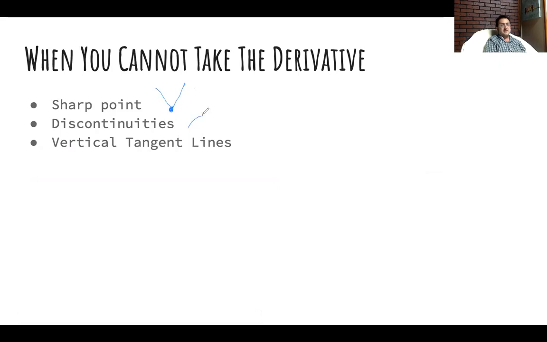Discontinuities, obviously, if we're skipping around in the graph, we really can't take slope or instant slope right there. And then, of course, your vertical tangent lines, you cannot get a real number from those derivatives.